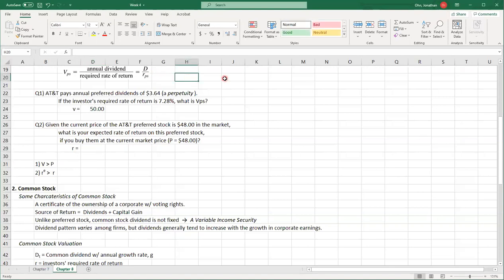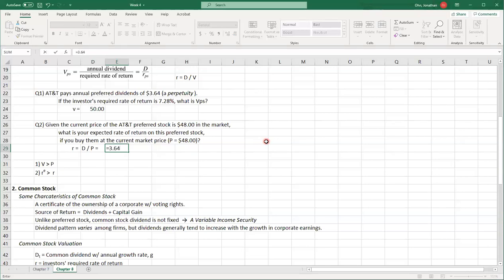If I rewrite this for R, V is D over R, so R is D over V. In this case, we are working with the market price, so R should be D over the current market price.